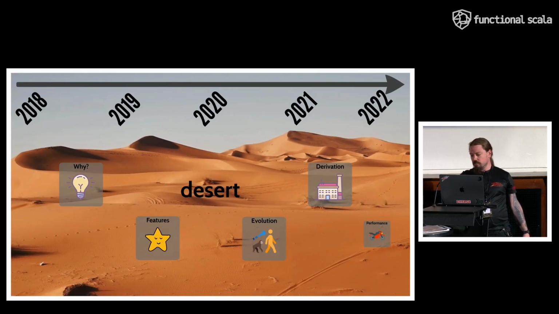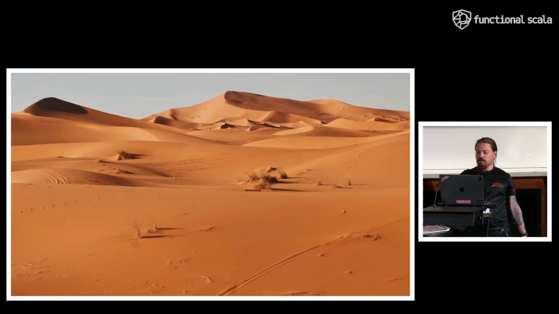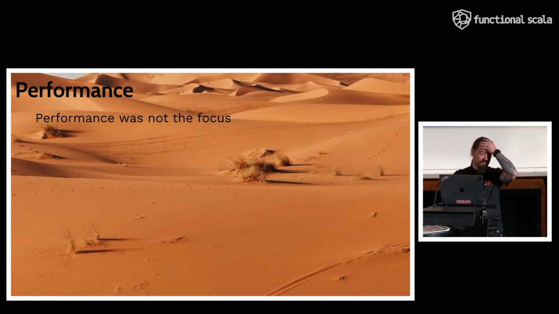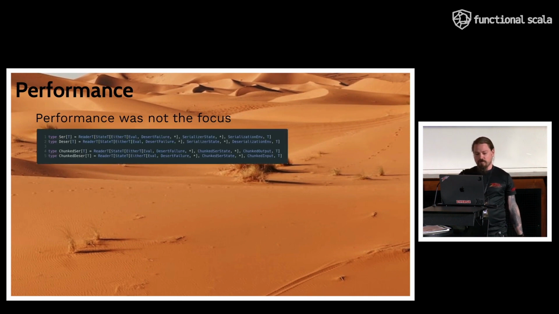So let's talk a little bit more about performance. Performance was not really the focus of this library. So the initial version was using cats monad transformers in the core, because that way I got these nice composable blocks, and I could focus on writing the derivation and figuring out this compatibility stuff.